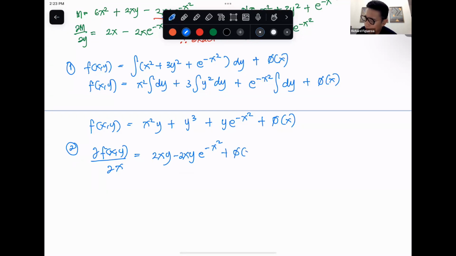So plus p prime of x. So the derivative is negative 2x times y e raised to negative x squared.